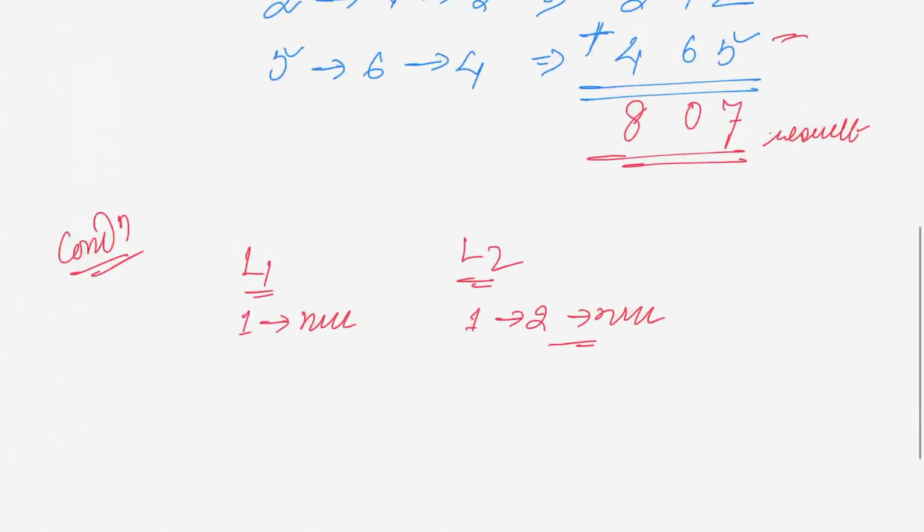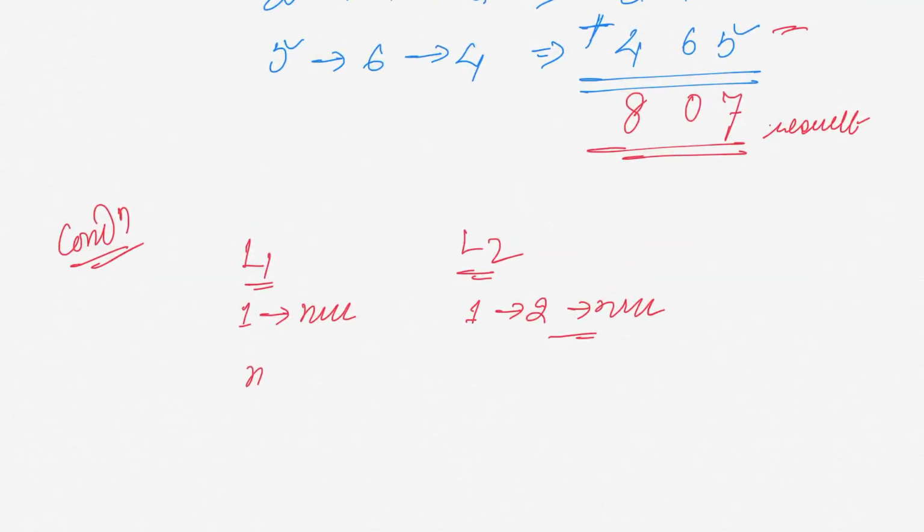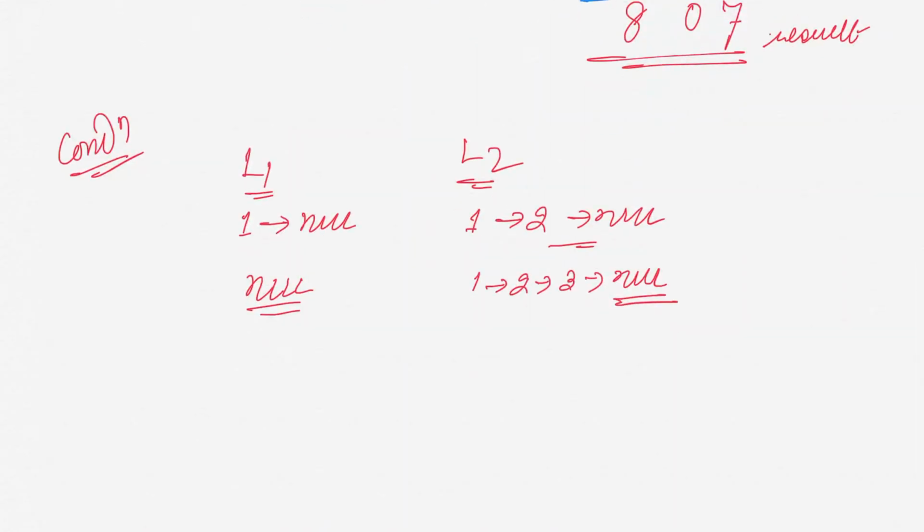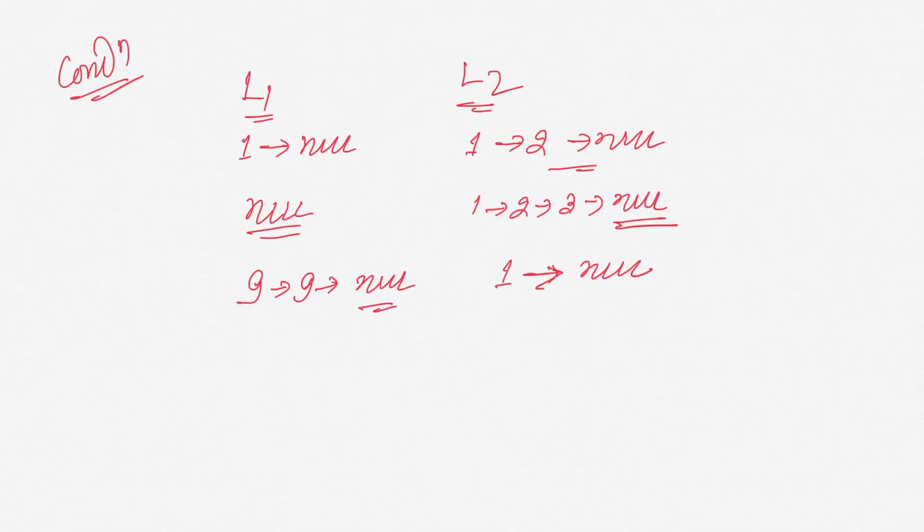Another possibility, as we already discussed, is that one contains only null, or it might contain some more nodes. Third could be, for example, 9 and null, or 1 and null. When you add 99 plus 1, it's going to be 0, 0 and 1. Sorry.